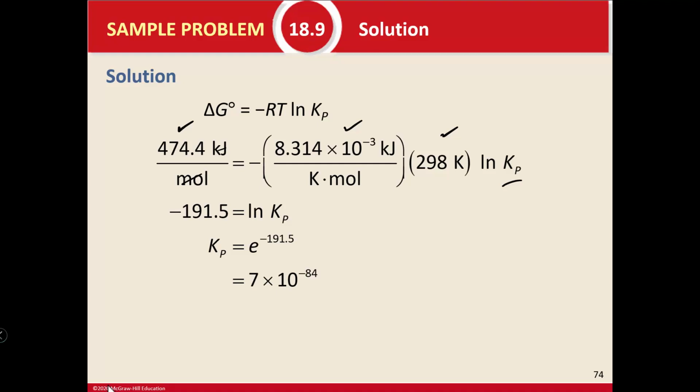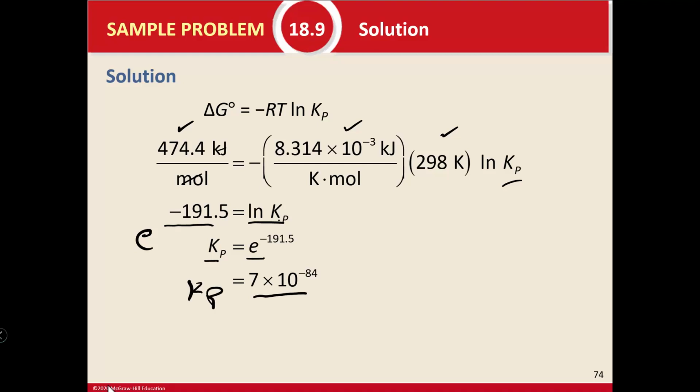So I get a unitless number here, equals the ln of Kp. I take the inverse natural log of both sides to solve for K by itself. So e raised to the negative 191.5 will give me this number here, 7 times 10 to the negative 84. So that's what Kp equals.